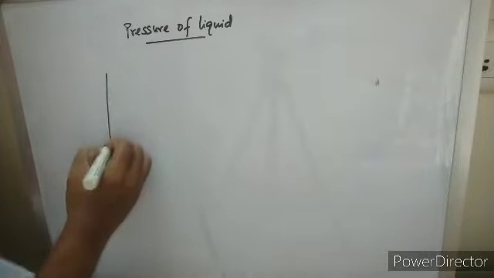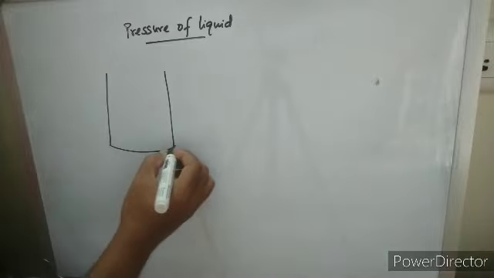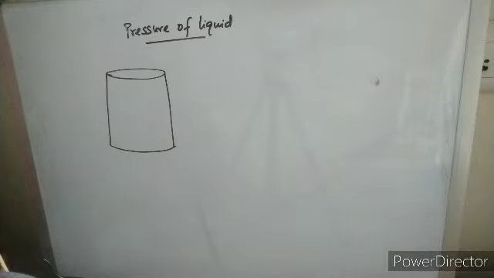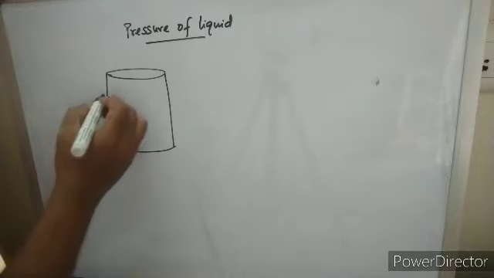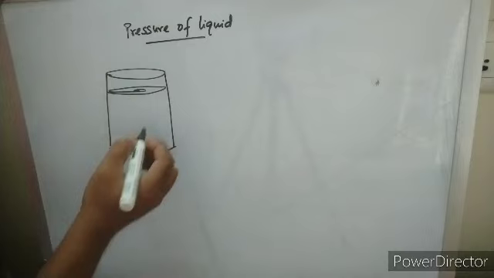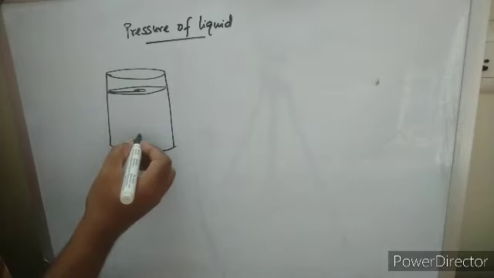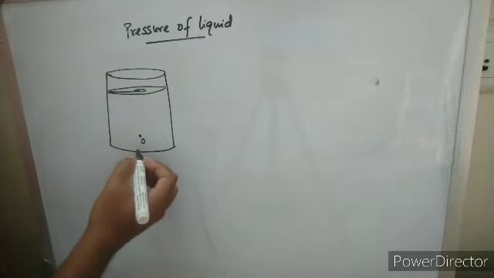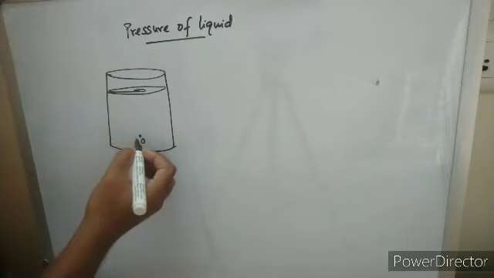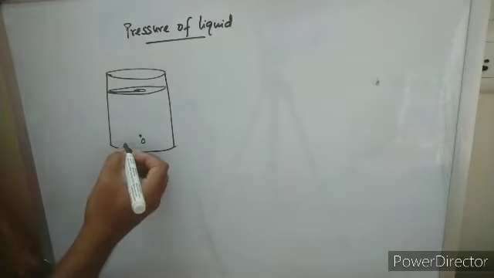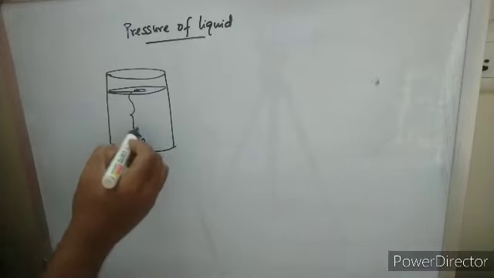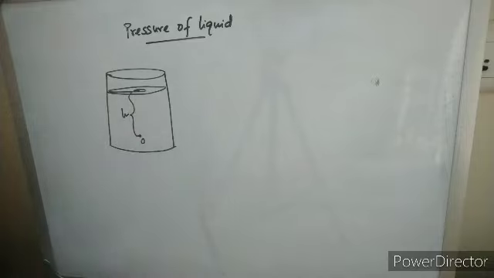Suppose this is a beaker, and a very easy example of liquid is water, and it is kept. We want to find out the pressure at this point, say for example, O. So we have to find out the pressure at the point O. We consider that point is at depth h from the open surface of the water.